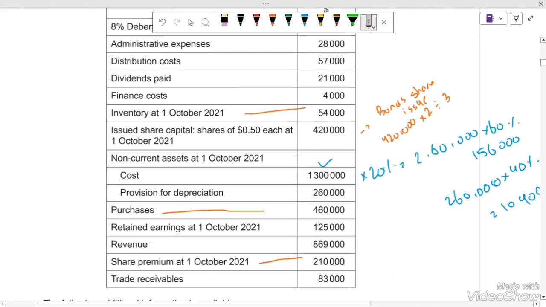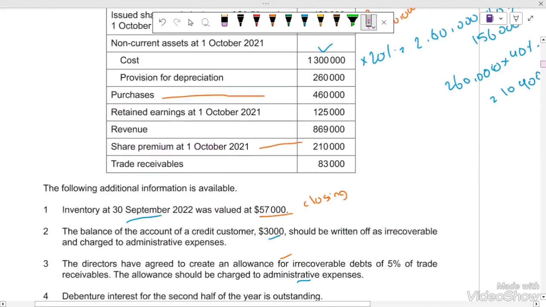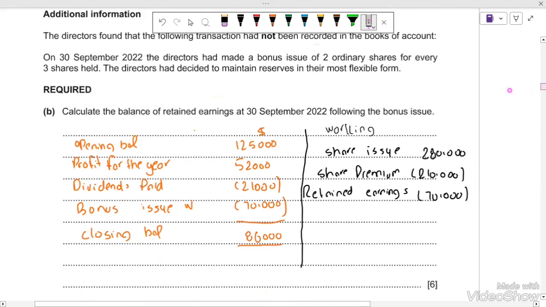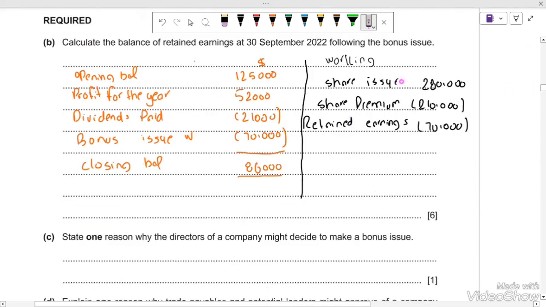So we will have this amount. You can see there is also a share premium at 1st October 2021, which is 2,10,000. The bonus issue is 2,80,000, and we deduct the share premium, so we have the retained earnings, which is 70,000.